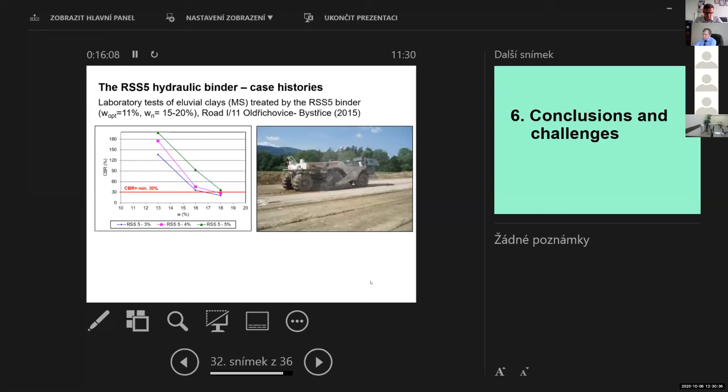That is one from a project of one road in North Moravia. Values of CBR, which are necessary to fulfill some demands, depend on moisture of soils, and with increasing moisture, CBR values are lower and lower.